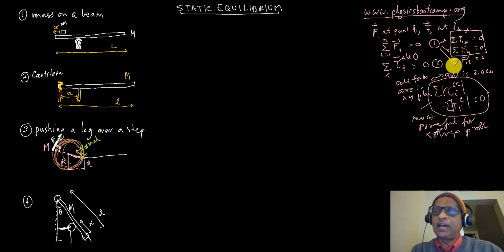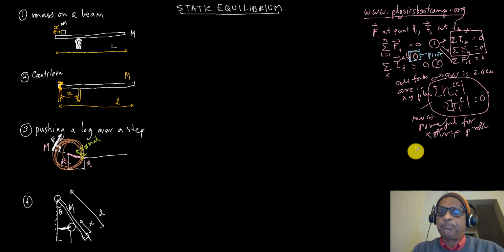Because I can actually choose this pivot. Let me make it clear that this pivot can be arbitrary.